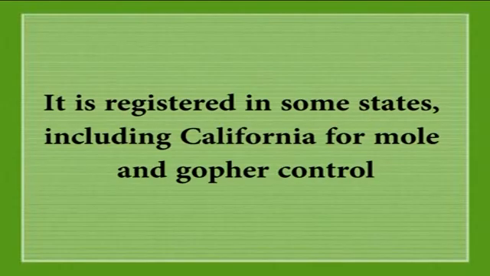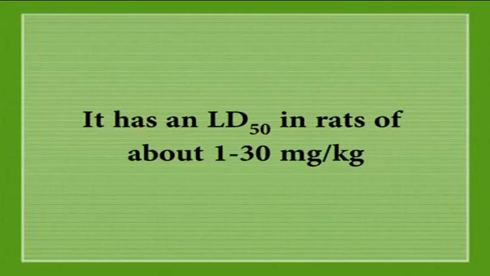It is registered in some states, including California, for mole and gopher control. It has an LD50 in rats of about 1 to 30 mg per kilogram. It is included here for comparison with pyrethrum, another botanical pesticide.